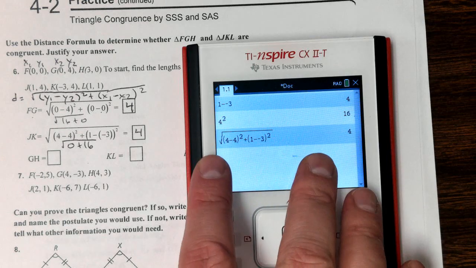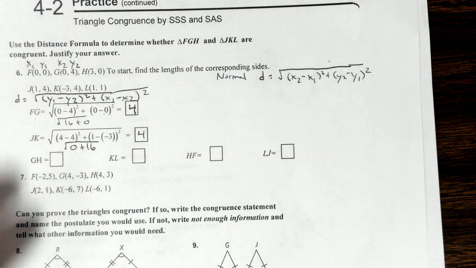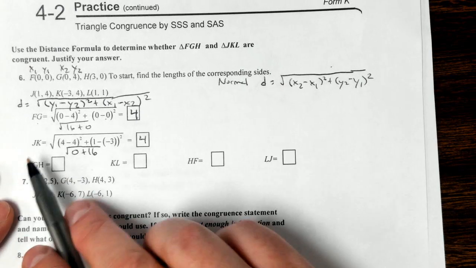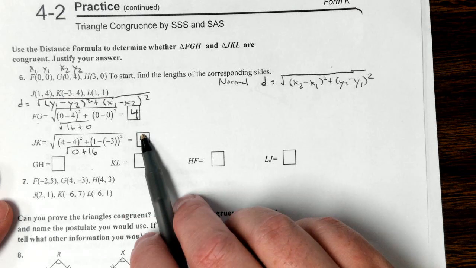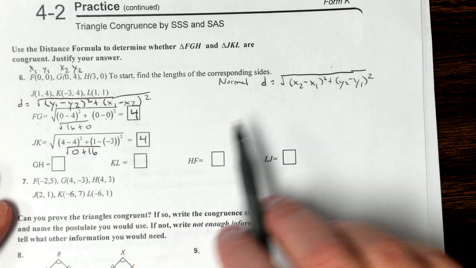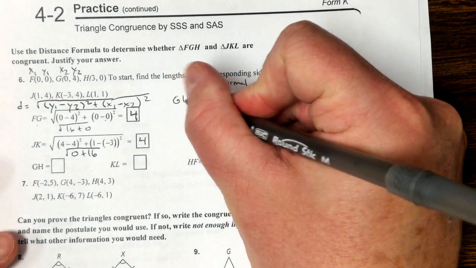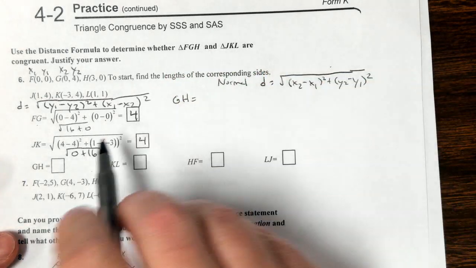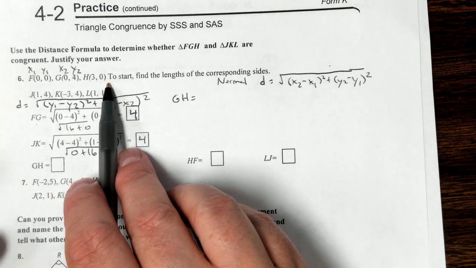So this is your distance formula, which you used in algebra. Now for GH, and so basically we know these sides are congruent because they're both 4s. Now for GH, that's what we're going to do now. And so we use the 0, 4 ordered pair and the 3, 0 ordered pair.